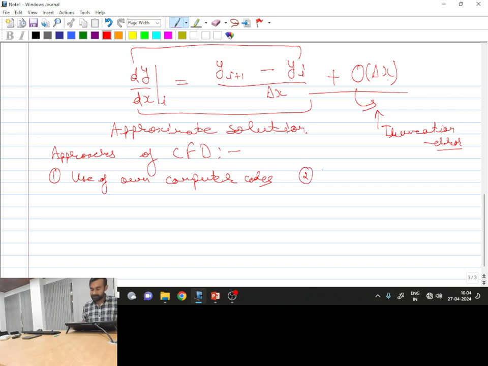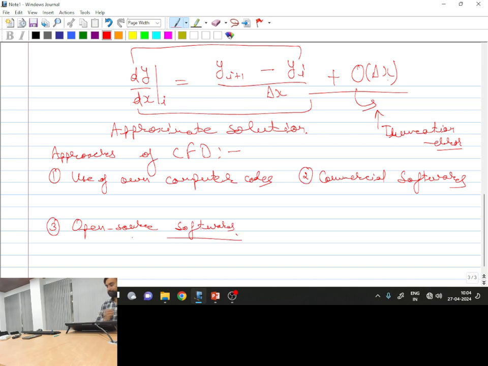Second approach is commercial softwares, and third approach is open source softwares. Whenever people do CFD, the majority write their own codes.